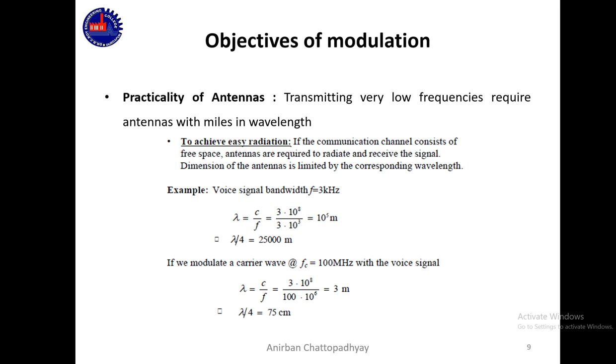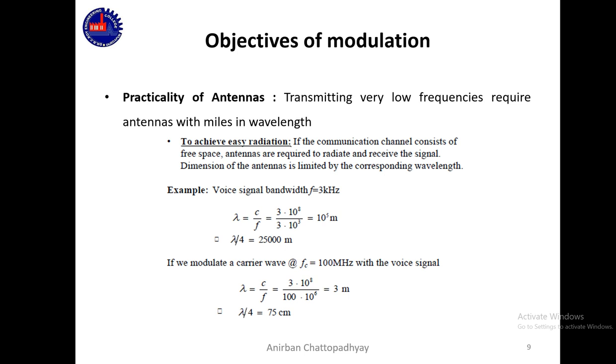For case 1, we will consider that we transmit the raw message signal. Suppose our signal frequency is 3 kilohertz. For the first case we will transmit this 3 kilohertz frequency.